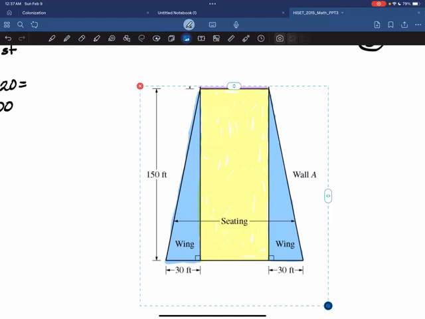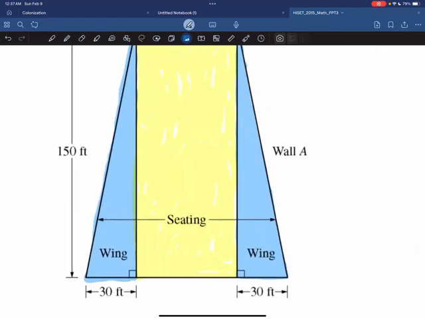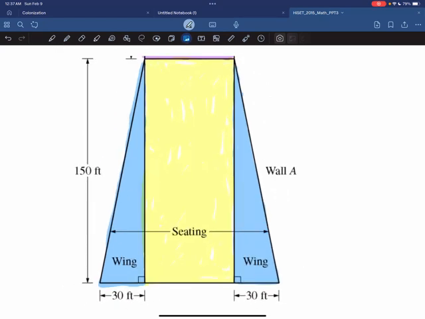And I wish I could literally manipulate this around, but I can't. Can I? Let me think. Okay, bear with me here. I'm going to take out this writing that says wall A. I want to cover that up with something else.